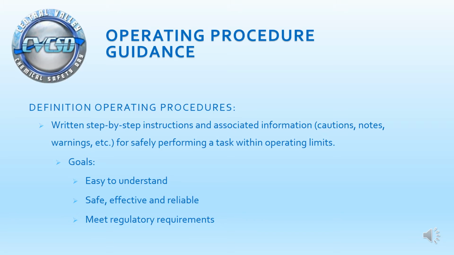So that at least gives us a basic definition of what an operating procedure is, and oftentimes these are referred to as standard operating procedures. So goals would be that these are easy to understand, safe, effective, and reliable, and that they meet the regulatory requirements.